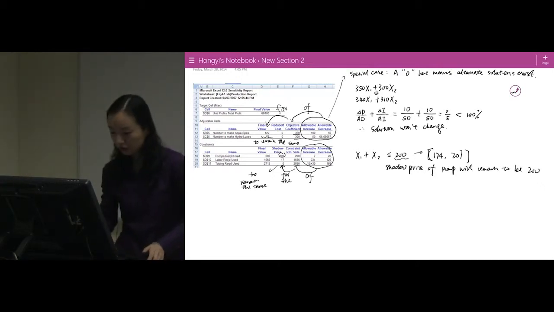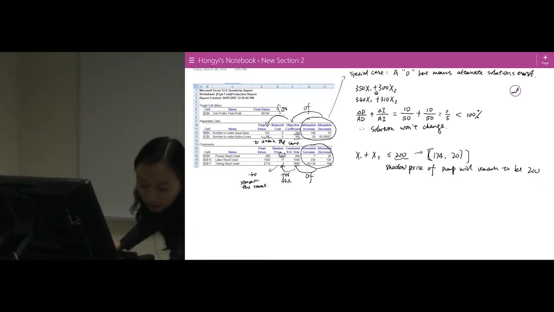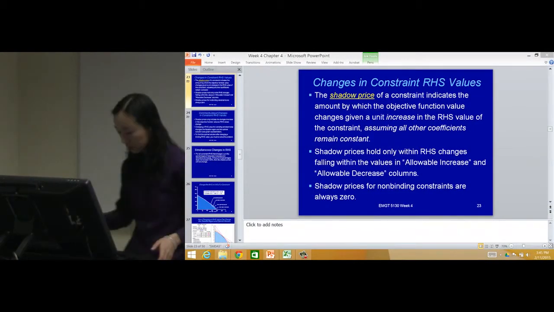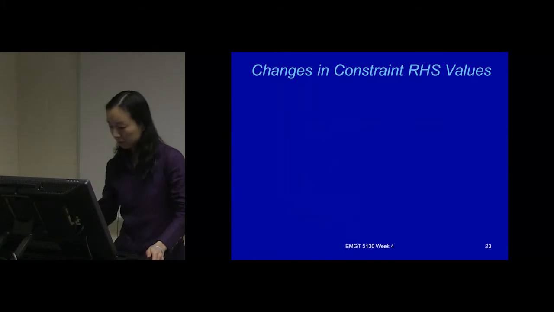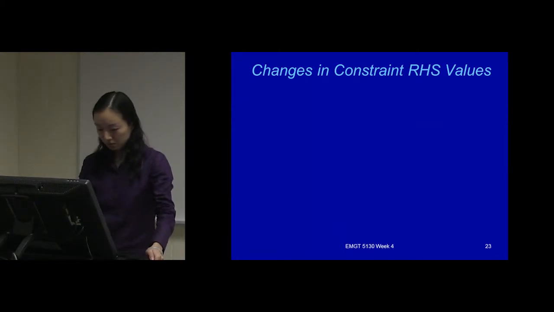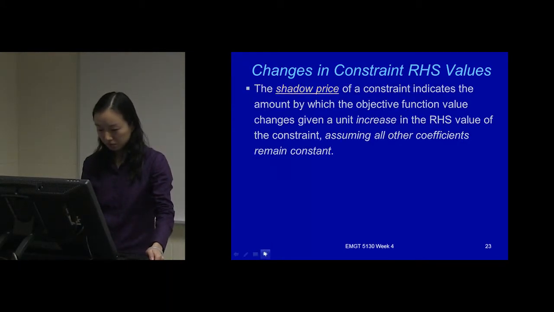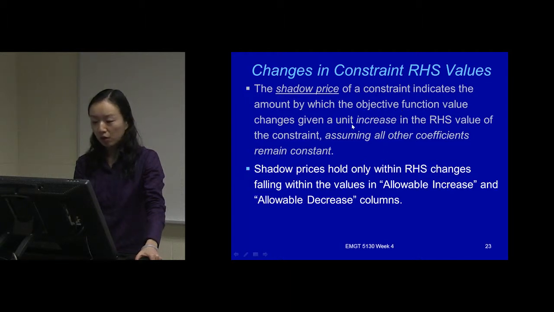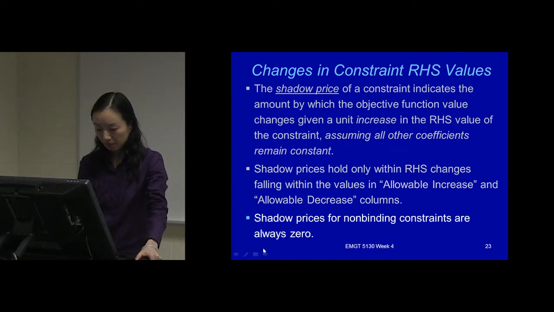Then we'll look at the shadow price. So here are the shadow prices, and we'll go back to the slide. That's what we're talking about. The slide says it's the objective function value change when there is 1 unit of increase in the right-hand side.